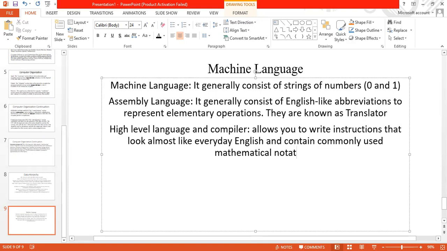Like these are our additions, subtractions, multiplication. So to speed up the programming process, high-level languages were developed.